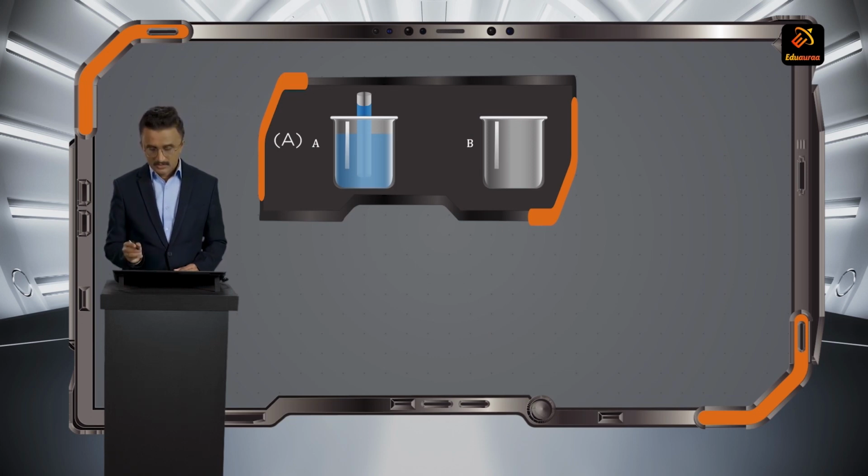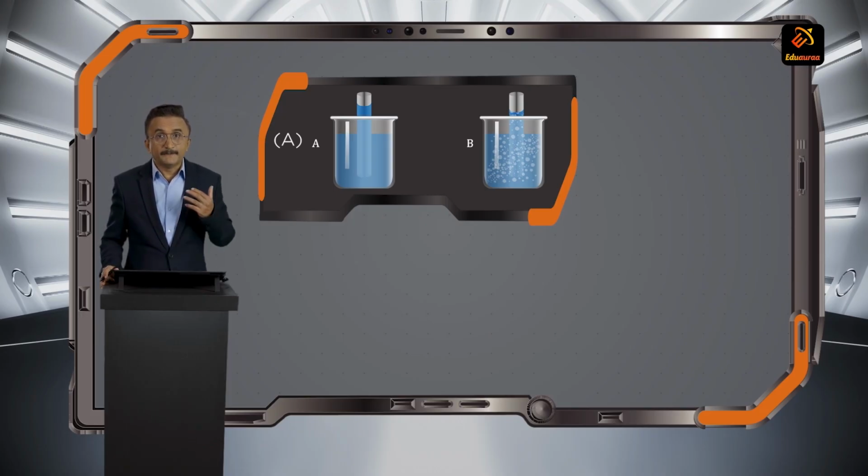Then I have the container B. In B, again, it is a soap solution. The liquid level rises up to a certain height. The surface is concave, but the height is less than that of A.